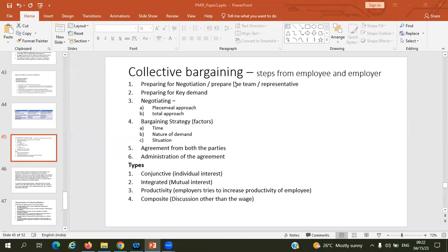Suppose on the other side, the management thinks to operate a canteen they have to build a building, do all these things, and invest a lot. They are saying no to it. So you should understand how your demand is going to impact the owner.